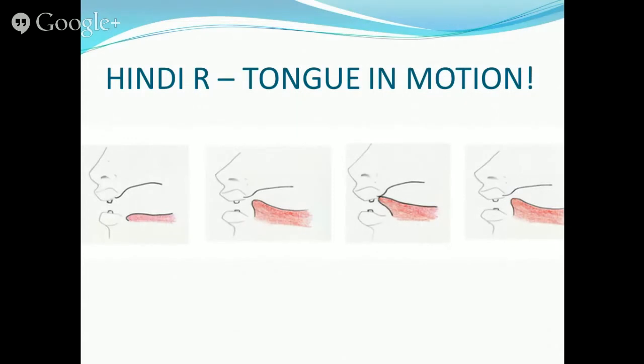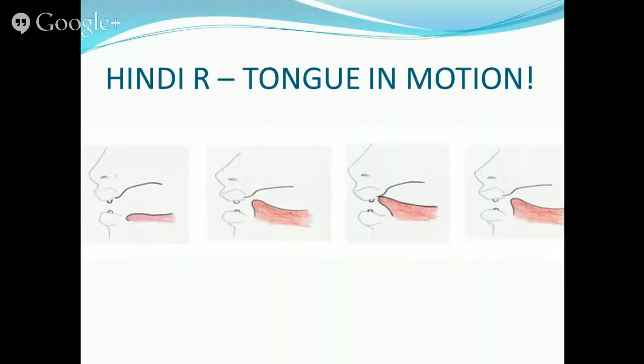So what happens here is that the tongue actually lifts up, shoots up like a rocket, slaps the back of that ridge, and then recoils and goes back down. So it's kind of like a punch to the back of that bump. It's like slap. So it's motion. There's no motion here, and this is all motion.